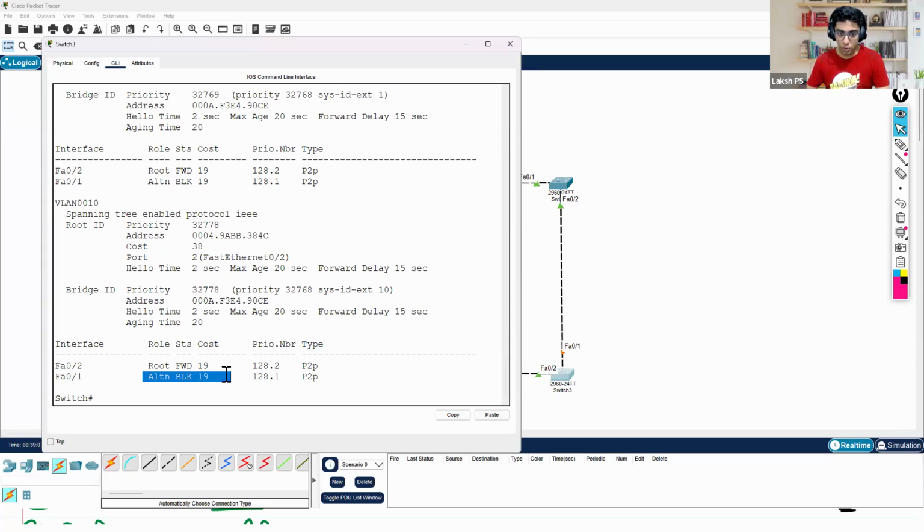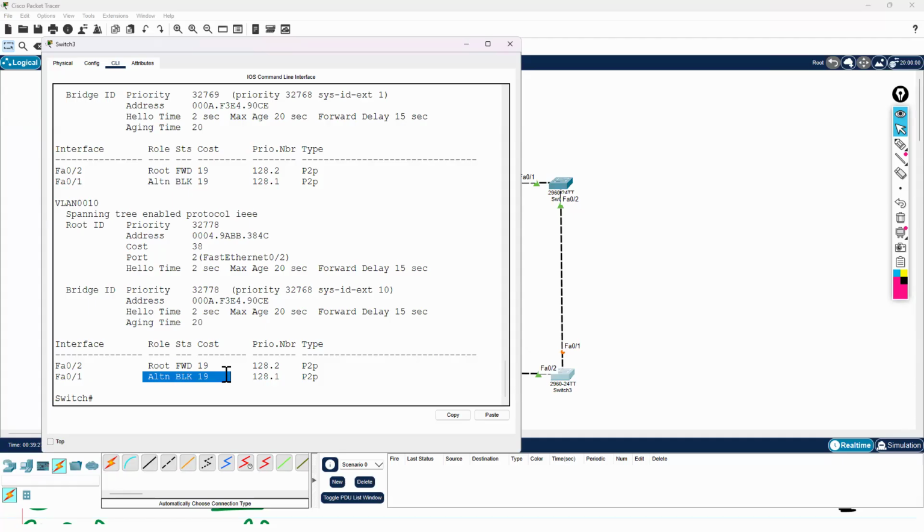Got it? So here, no matter if you leave the layer 2 network in its default state and you just keep on adding multiple VLANs, the same switch will be the root switch for all VLAN data.